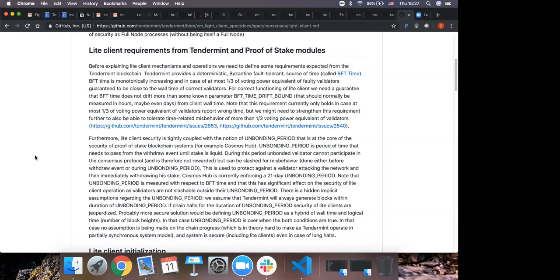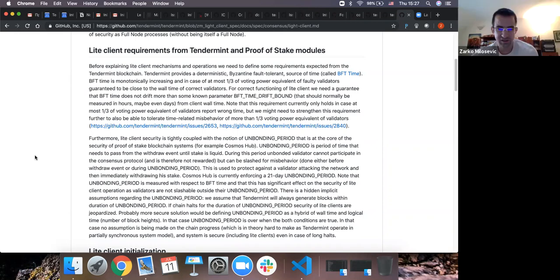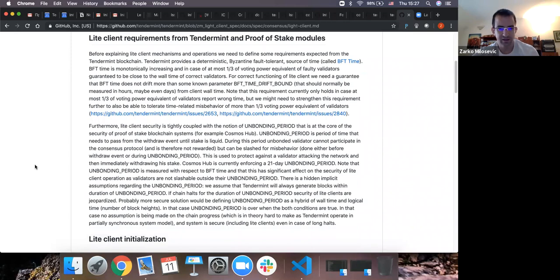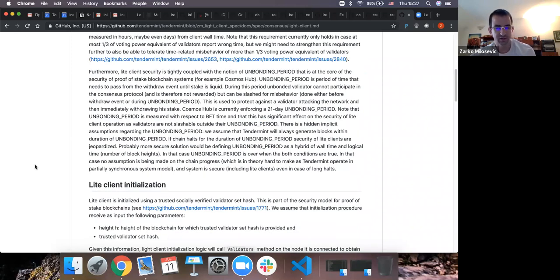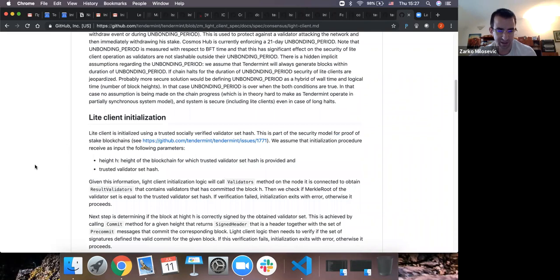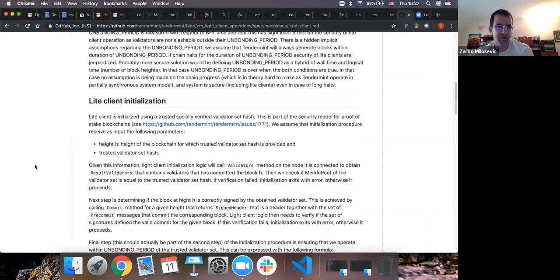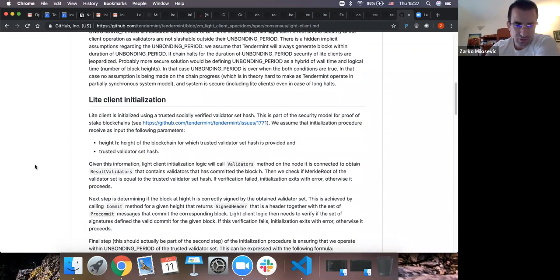Yeah. Good. Okay. So these are the basics, and now we can talk about the operation of the light clients. As Bucky said, the first thing we need to obtain if we want to initialize the light client is a trusted, socially verified validator set hash.